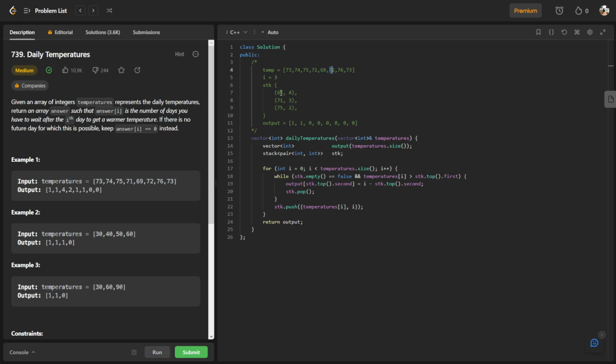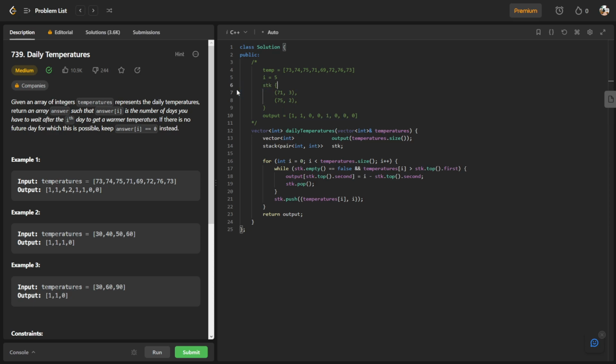So now let's look at 72. i is now 5. Since 72 is more than 69, my output at the top index, which is 4, will become i, 5, minus 4, which is 1. For that we pop it.